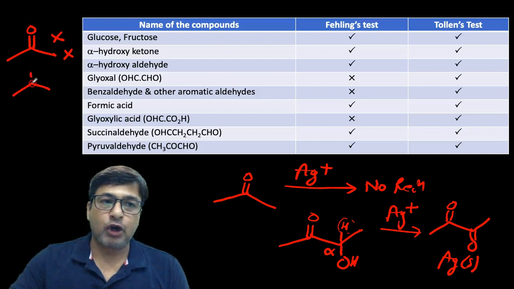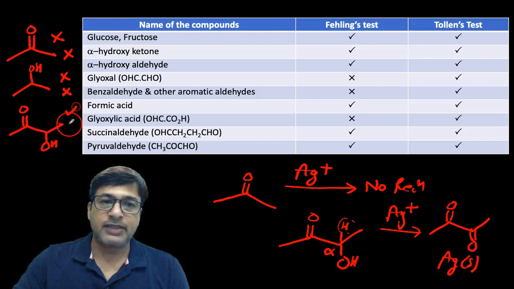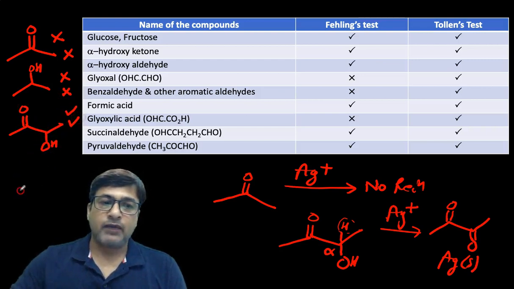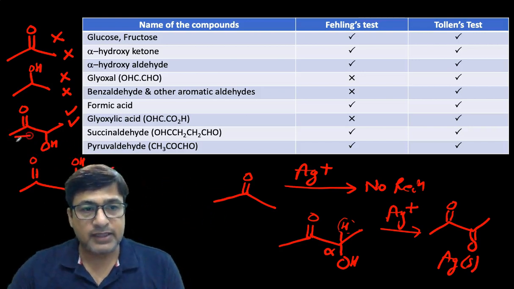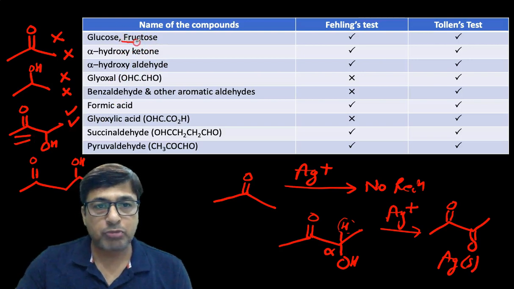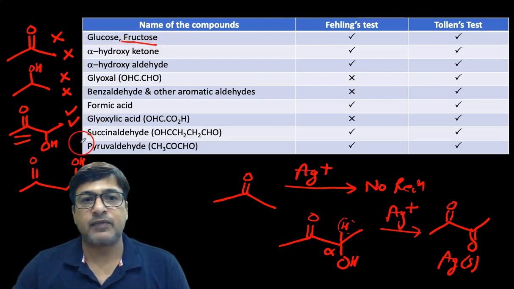If I take an alcohol, OH group, Tollens test is negative, Fehling's test is negative. But if I take a ketonic group which consists of alpha hydroxy, both Tollens test and Fehling's test are positive. If I take an aldehydic group having a beta hydroxy compound, beta, not alpha, it gives negative Tollens, negative Fehling's. Because of this, fructose shows a positive Tollens as well as Fehling's test.